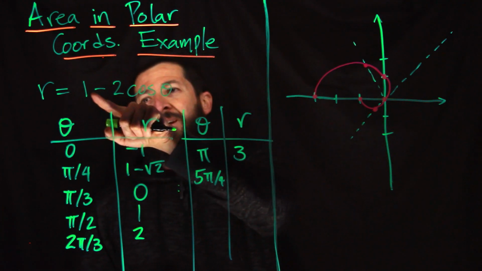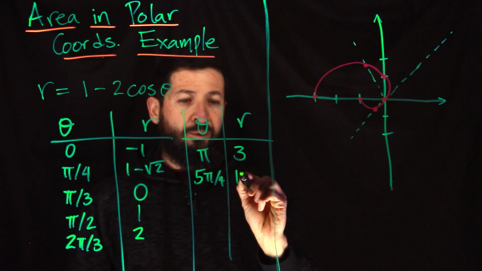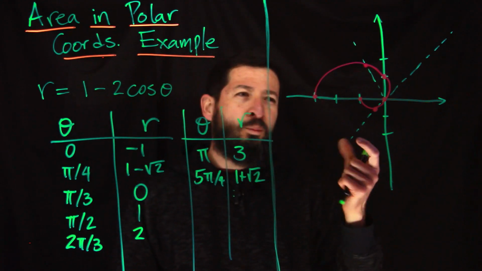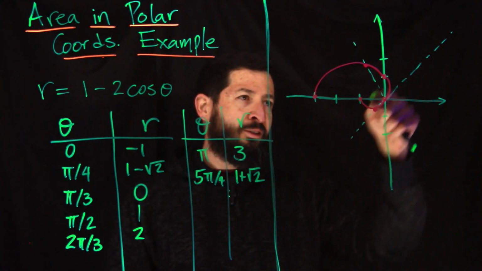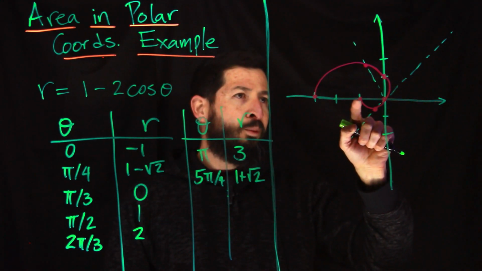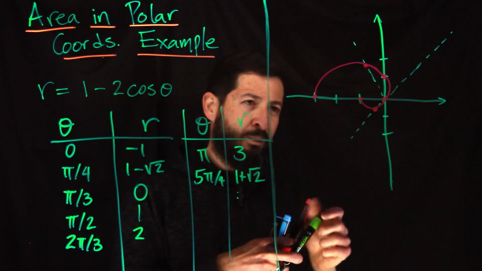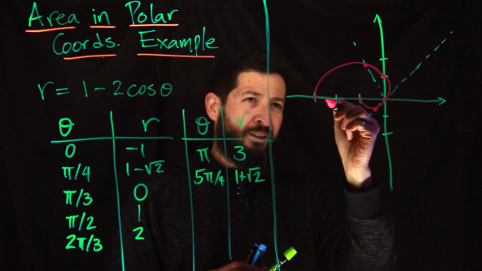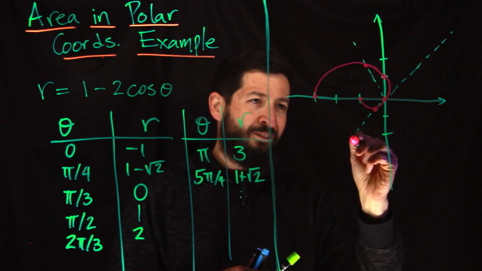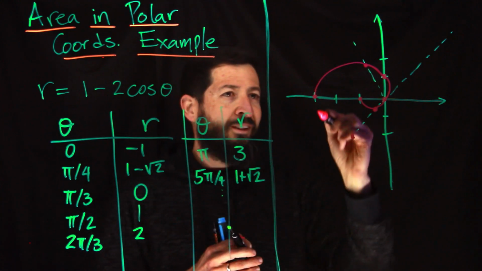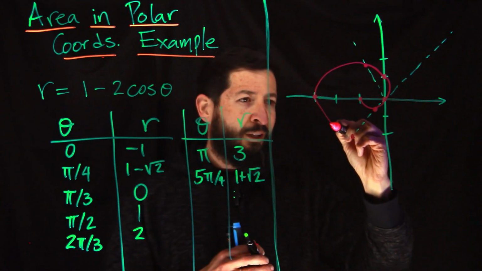So you're going to have 1 plus the square root of 2, and that's going to be 2.4 roughly. So in this direction, this angle, measuring 2.4, continue sort of in a circle. So my point should be there. All right, so that is going to be my next part of the limacon.